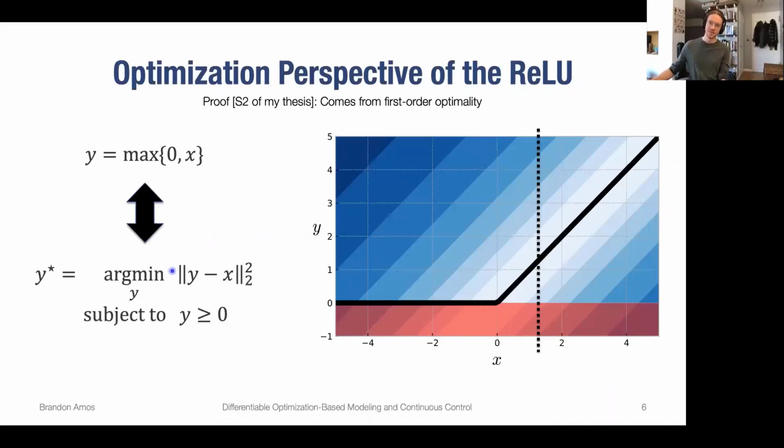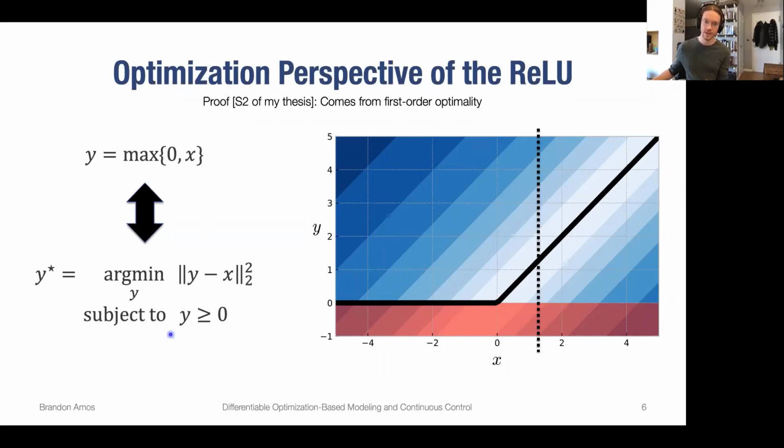And one thing to keep in mind that comes up in the machine learning setting is that we really care about computing derivatives through these operations. So for example, the derivative of y star with respect to x. And this is really obvious how to do in the normal ReLU case, because it's just an explicit closed form operation.